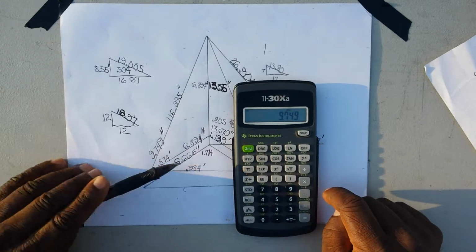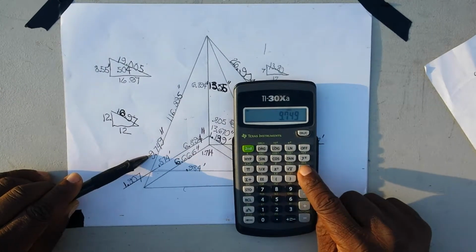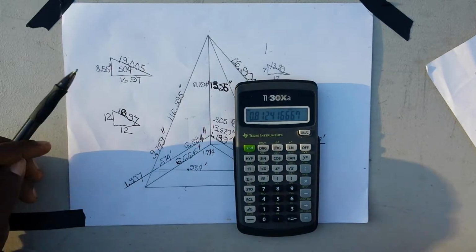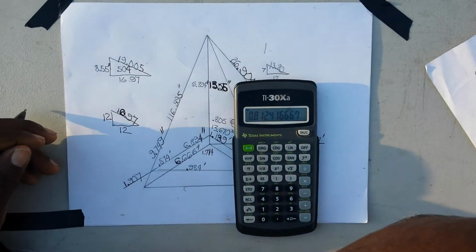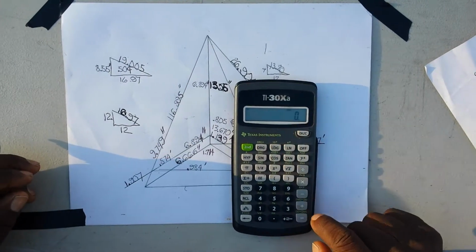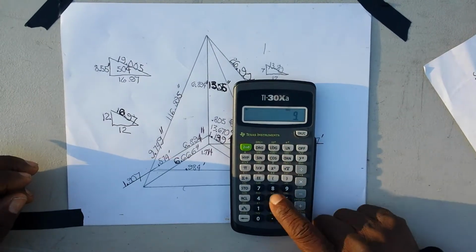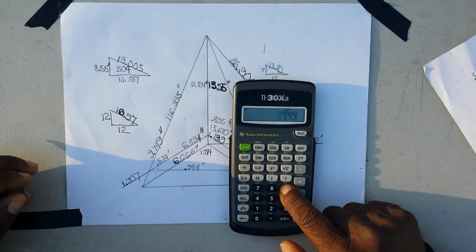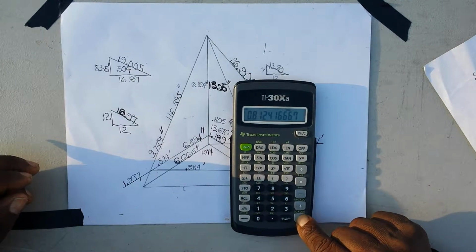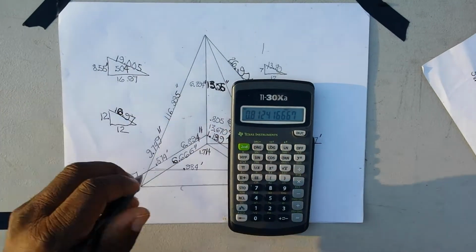9.749 divided by 12 equals, make sure I got that right. 9.749 divided by 12 equals 8.12.